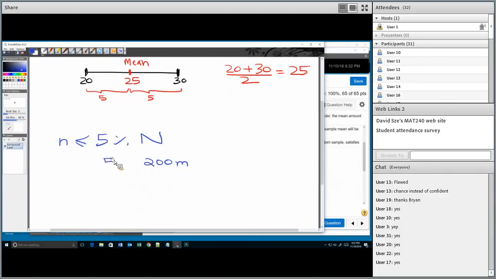And we have to calculate 5% of that. So what is 5% of 200 million? It should be 10 million, right? So 5% of 200 million is 10 million.